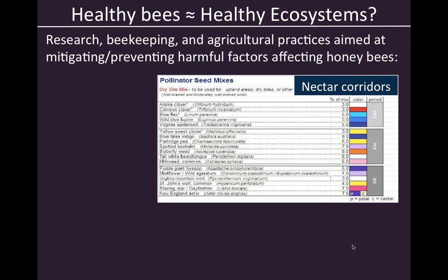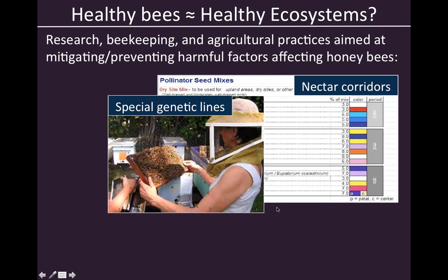For example, we are encouraging the production of nectar corridors. This is an example of a pollinator seed bank that shows what is available in that area that should be provided to native pollinators.